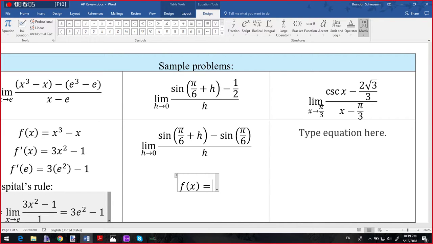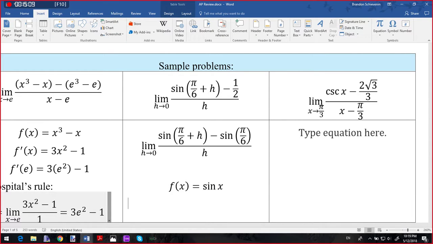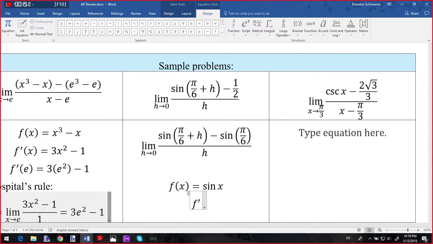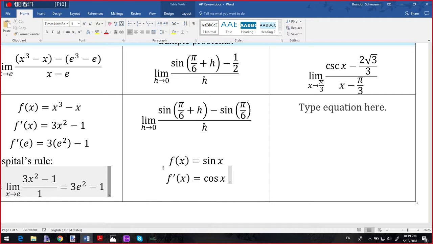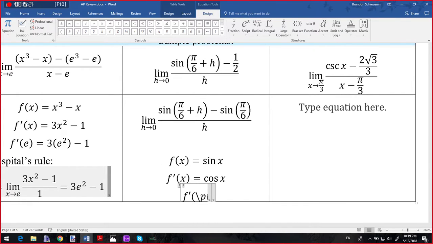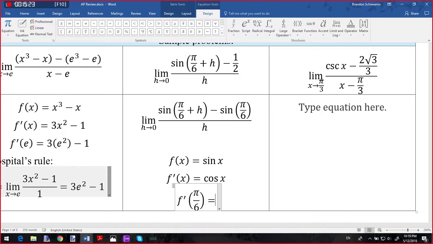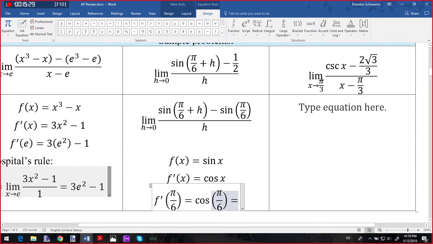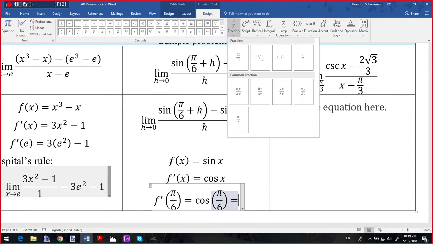The function is sine x. Okay, what's the derivative? Cosine x. Okay, the derivative is cosine, so what should our answer be? Root 3 over 2. Perfect, root 3 over 2.